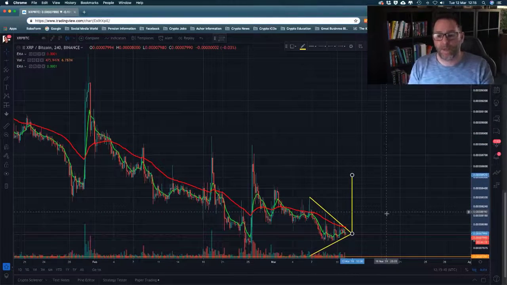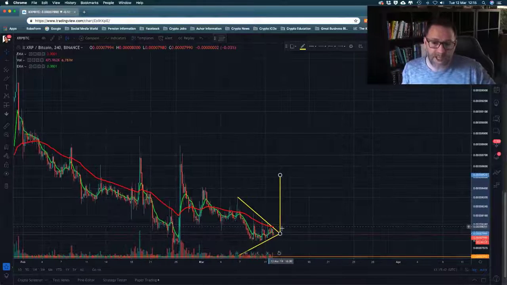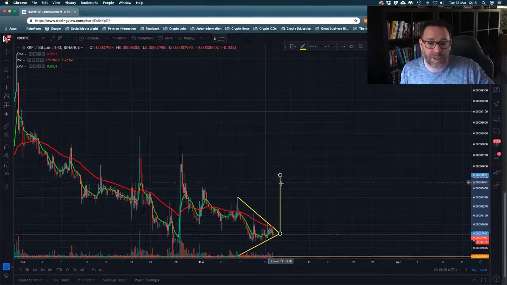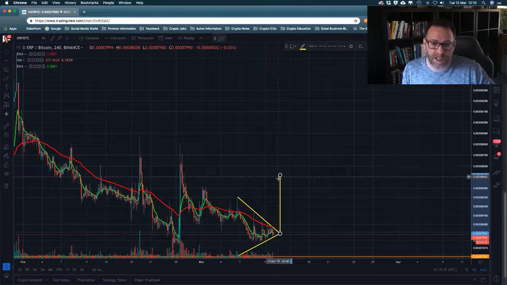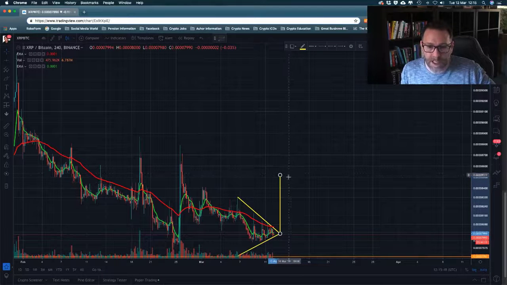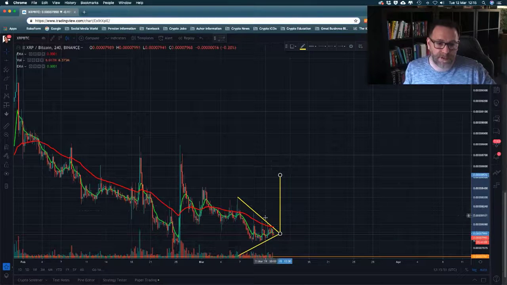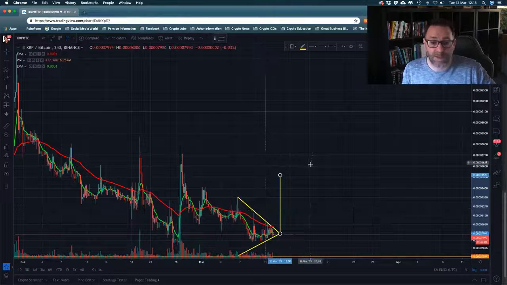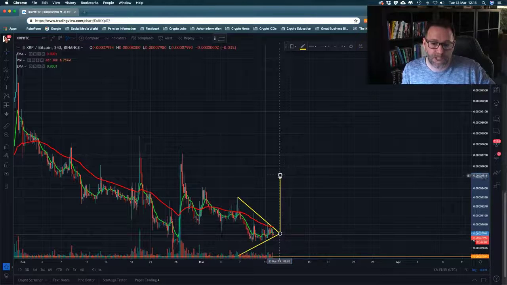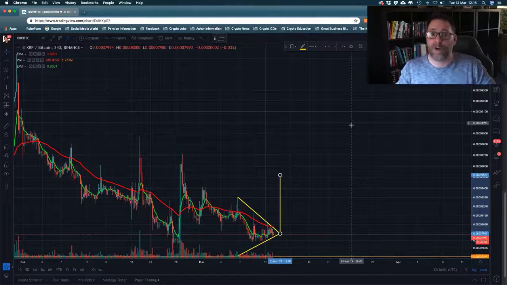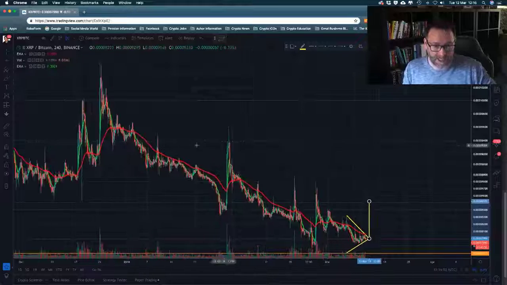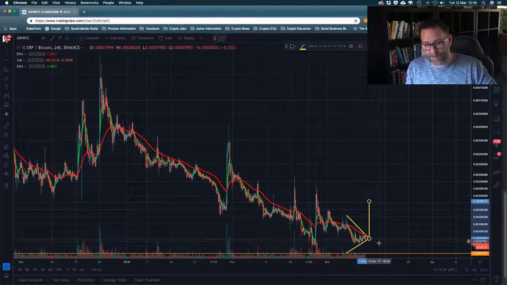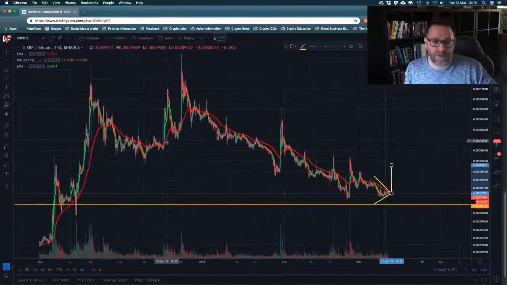Conversely, the other way, if you think it's going to break up, this could be the start of a bull run for XRP if it breaks out up here. Initially we're looking for it to go to 8,500 and then keep on going from there. If it follows that pattern, it'll probably come back down and keep on going up, and it could be the reversal of XRP, because we can see the overall trend is down, and we want the reversal of that.